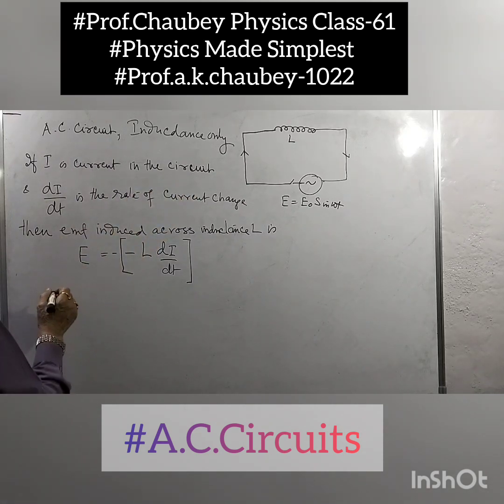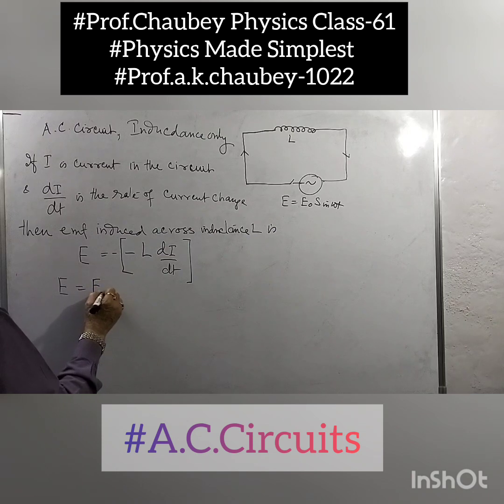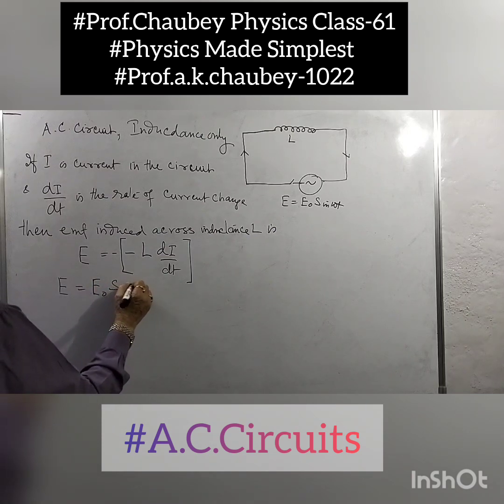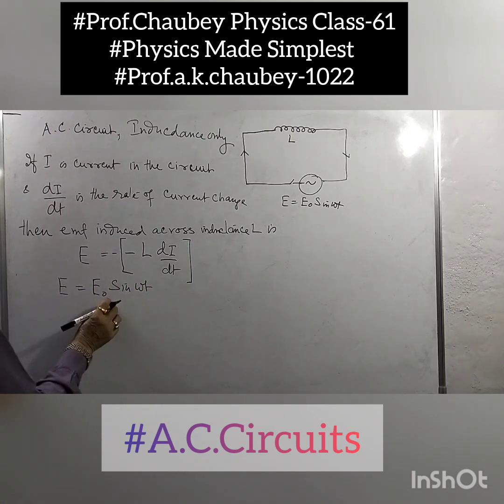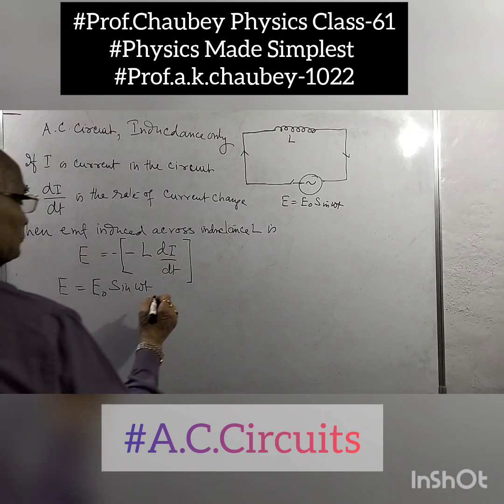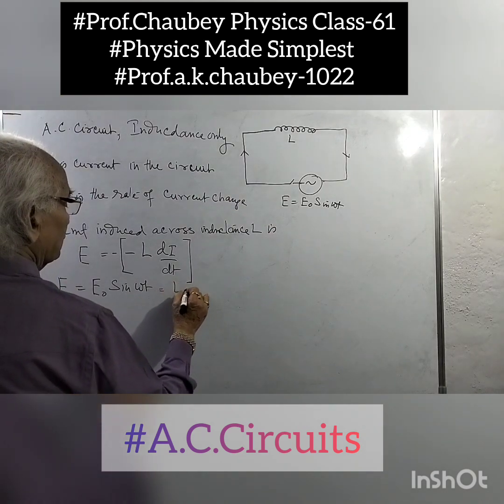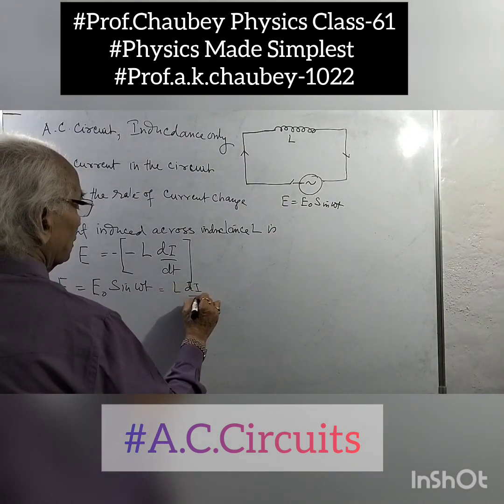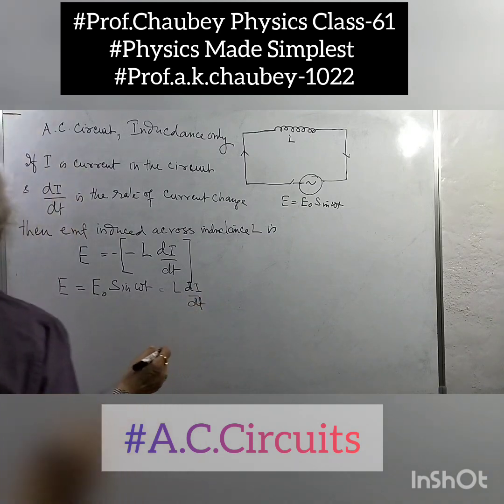So we can write E is equal to E naught sin omega t, and this is equal to L di dt.